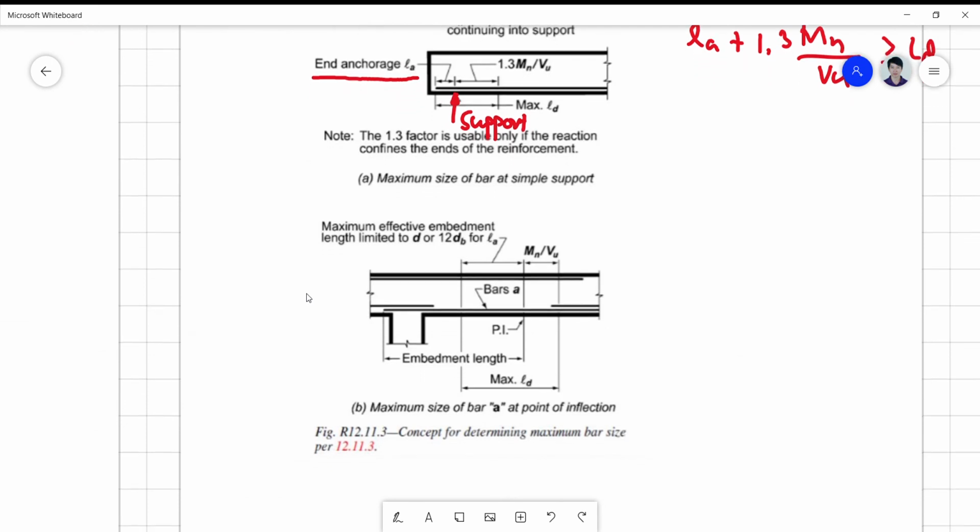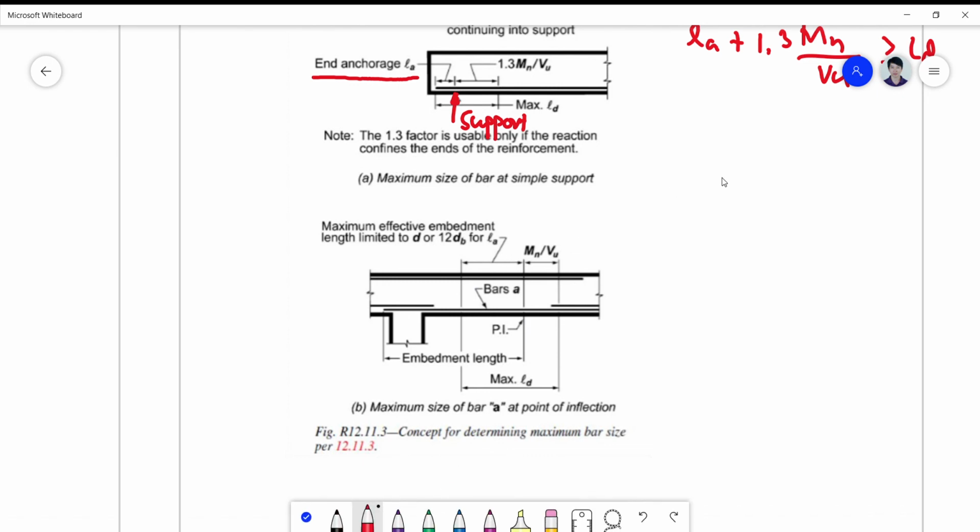Maximum size for bar at point of inflections. Okay, so if I have a point of inflection just like this continuous beam here, I have also to check your La plus, this time there's no longer the 1.3 factor, Mn over Vu must be greater than or equal to the Ld requirement.